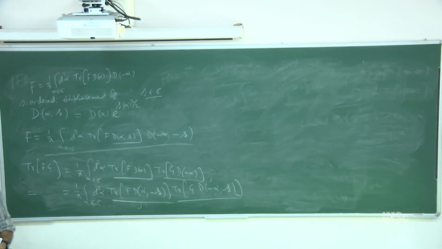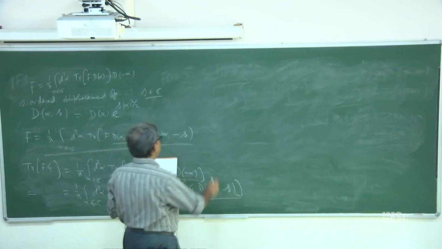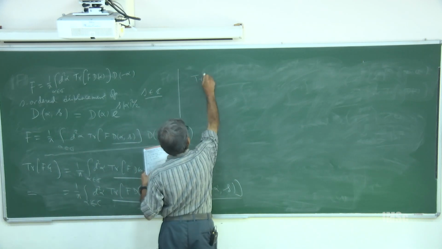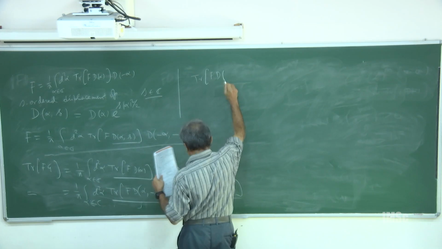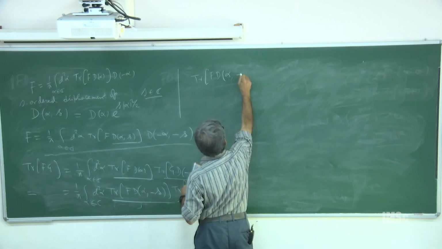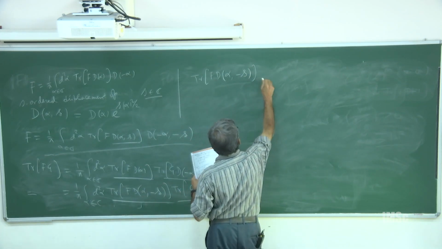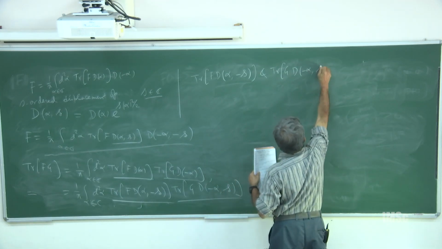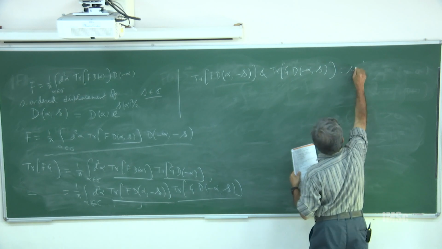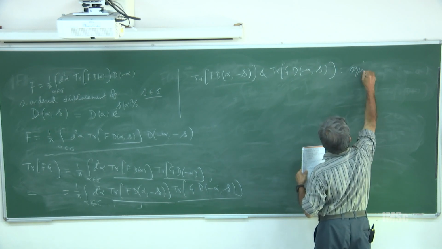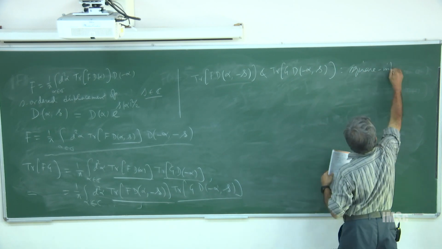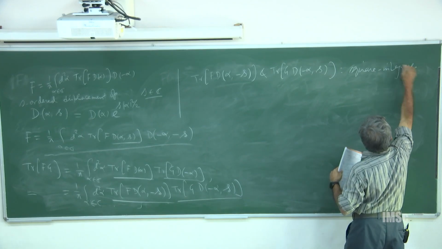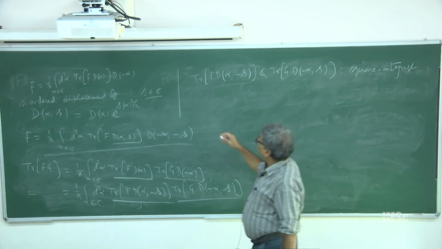Okay. So, now let us assume that trace of f D of alpha minus s and trace of g D of minus alpha s are square integrable. So, this we assume. Okay.